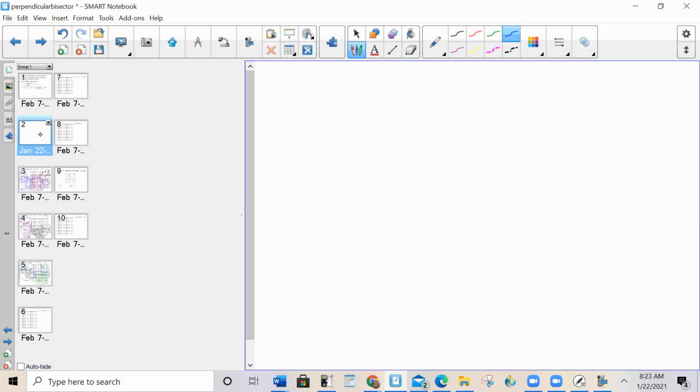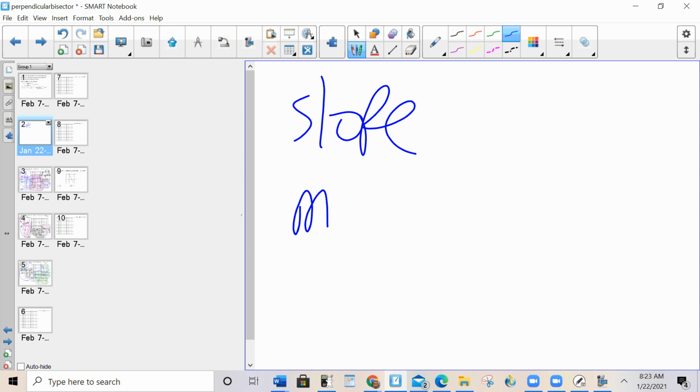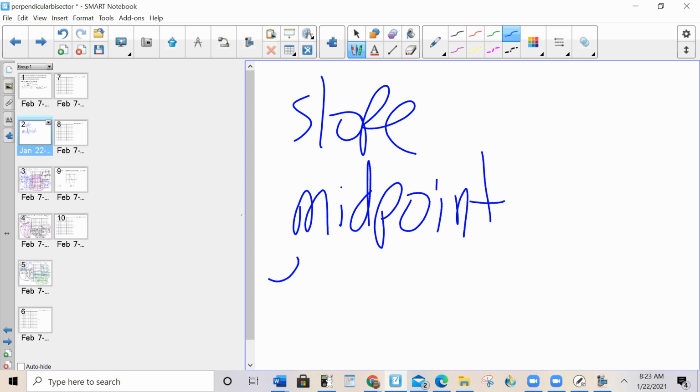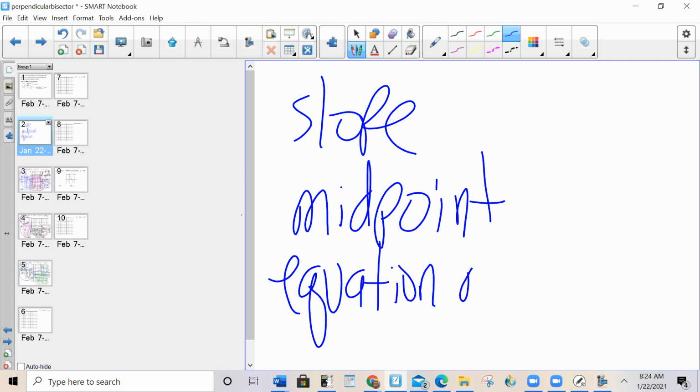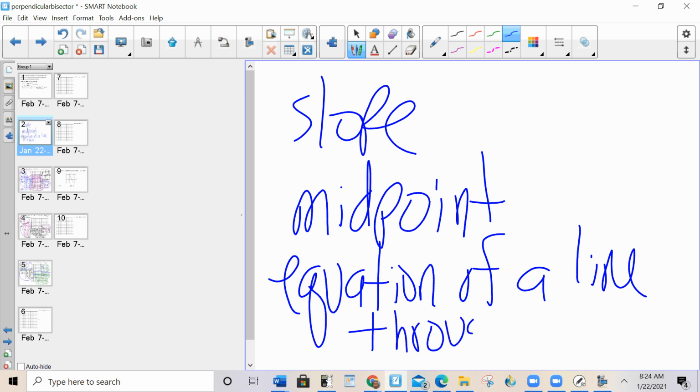So again, this lesson you need slope, you need midpoint, and you need equation of a line through a point. We did 2 lessons on equation of a line through a point because it's so important. So if you're not comfortable with any of those, then go back to that now and then come back to this.